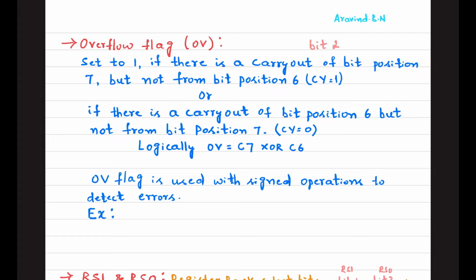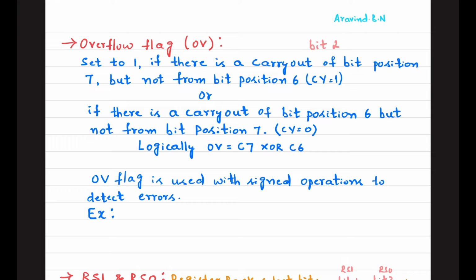That means in this case the carry flag will be equal to 1. Or if there is a carry out of bit position 6 but not from bit position 7. If either of these two conditions is satisfied, then the overflow flag will be set equal to 1.